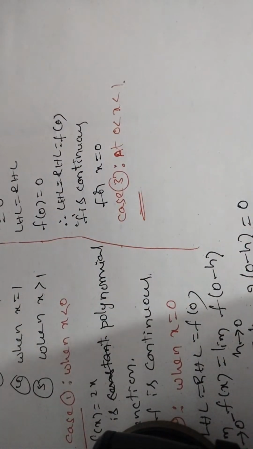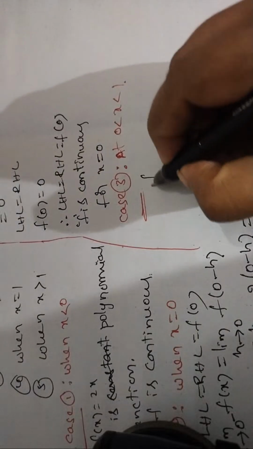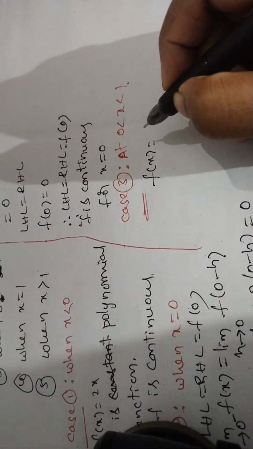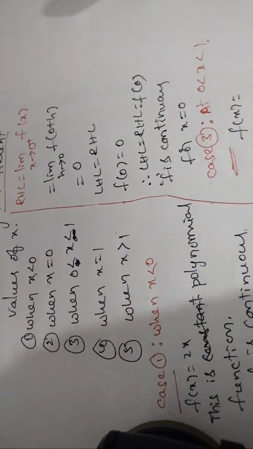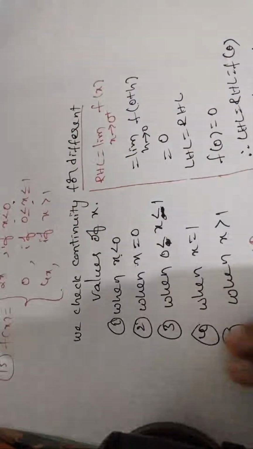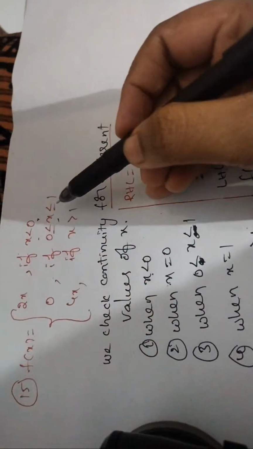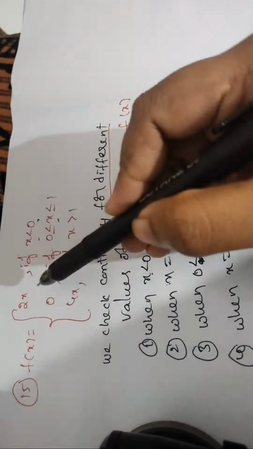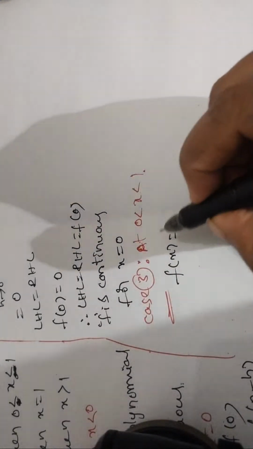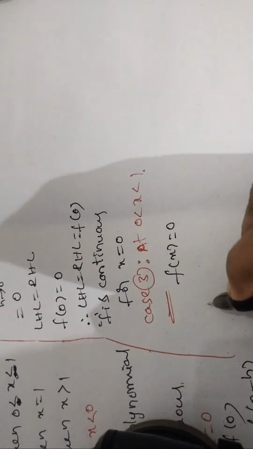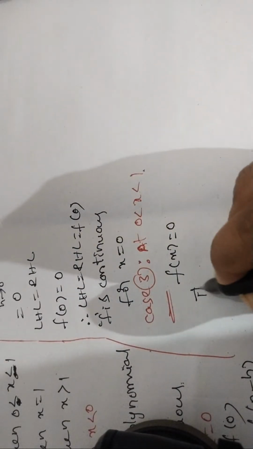So when it is 0 less than x less than 1, what is the function at that time? The function is 0. So here f of x is 0. This is a constant number.